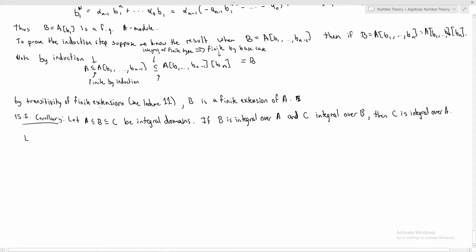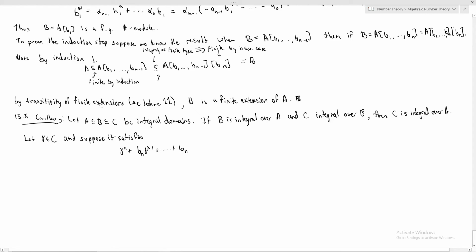Okay, so I'm going to let gamma be in C, and let's say I can find some polynomial in B that it satisfies. Let's say gamma to the n plus b1 gamma to the n minus 1 plus ... plus bn.